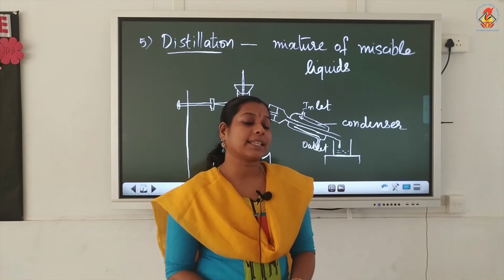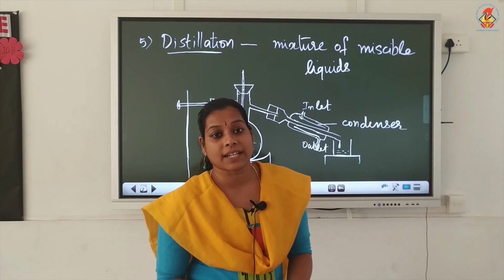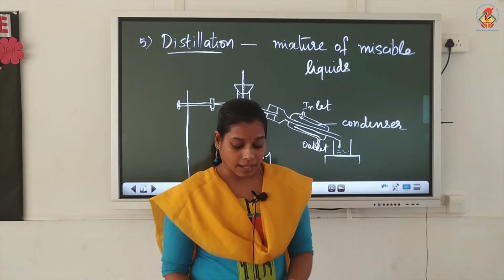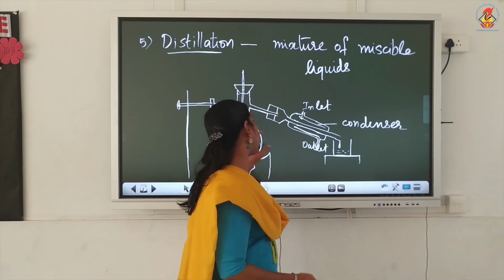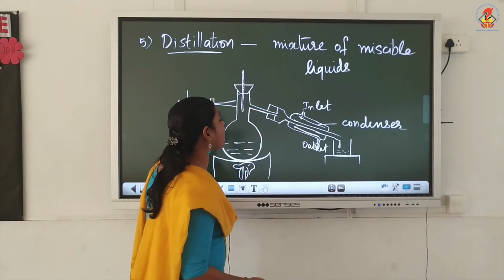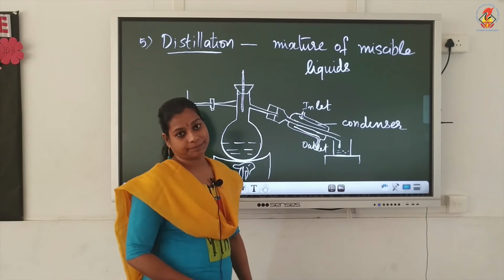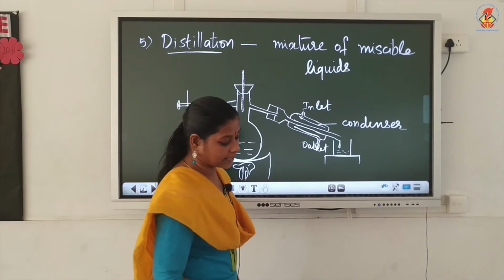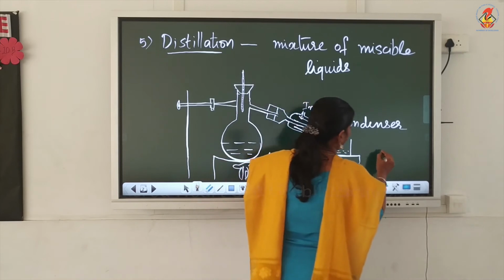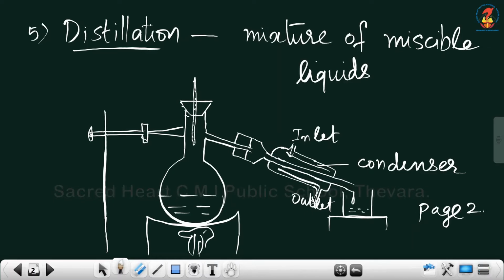The difference between distillation and fractional distillation is that the condenser is connected to the fractionating column. That figure is on page number 22, figure 2.10.